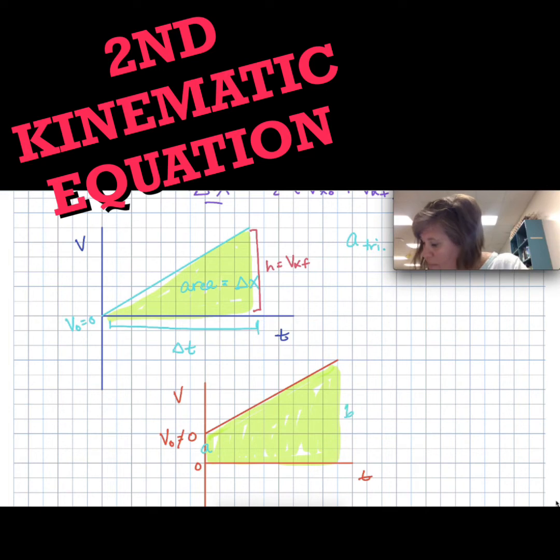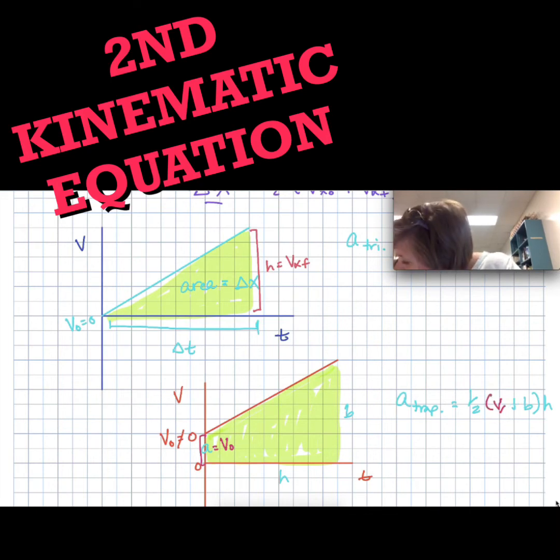This would be the B length, and this would be our height. And for a trapezoid, the area is 1/2 times A plus B times H, the height, okay? So in this case, our A right here would be the initial velocity. So let's substitute here.